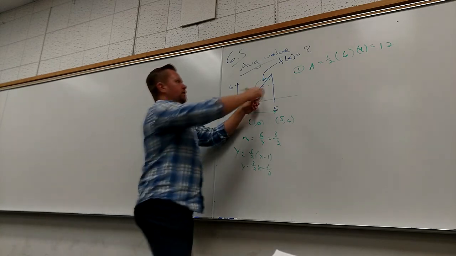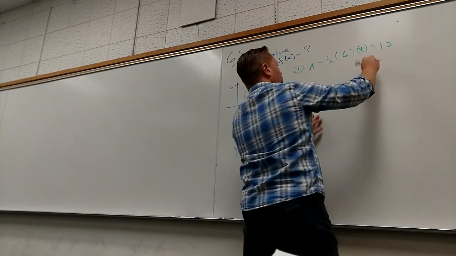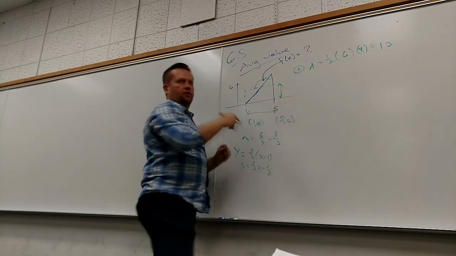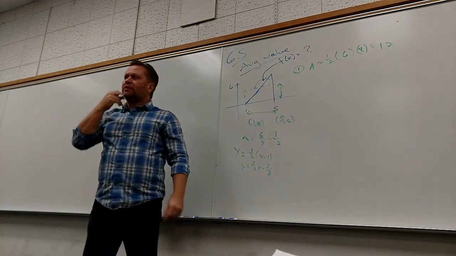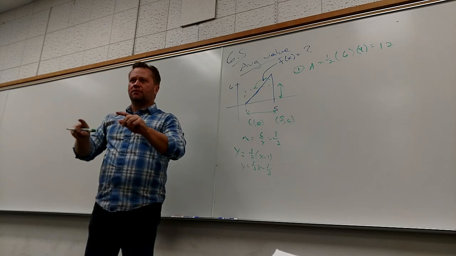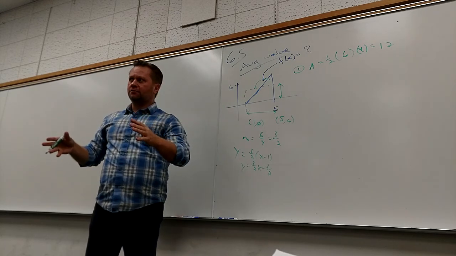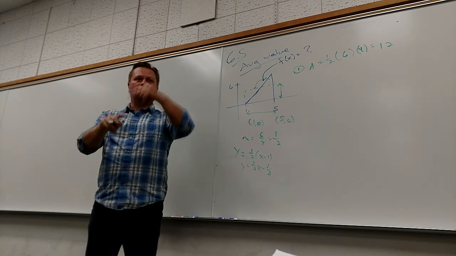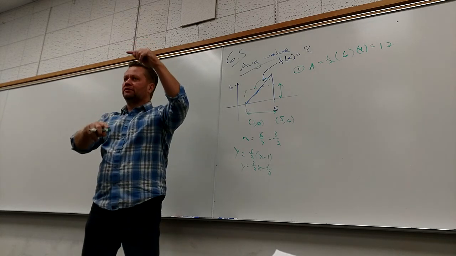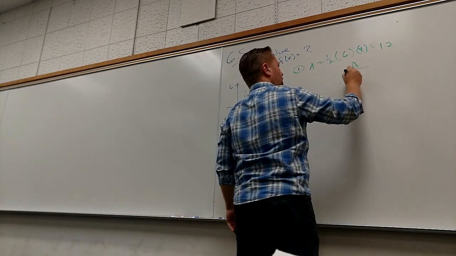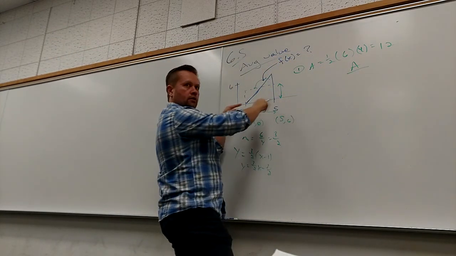So here's the area of the triangle. What do I do with this to see how tall the rectangle would be? Well, what's the length of the rectangle? 4. And what's the area of the rectangle? 12. So what's the height of the rectangle? 3. So this is the area divided by the interval here, right?